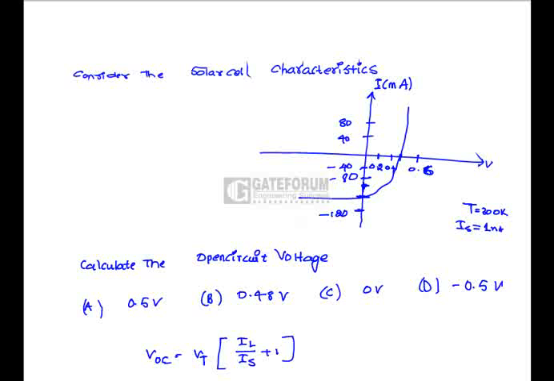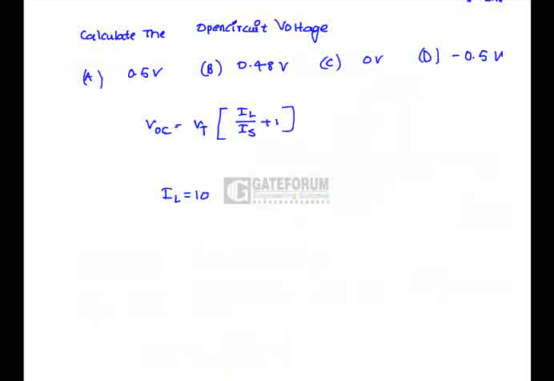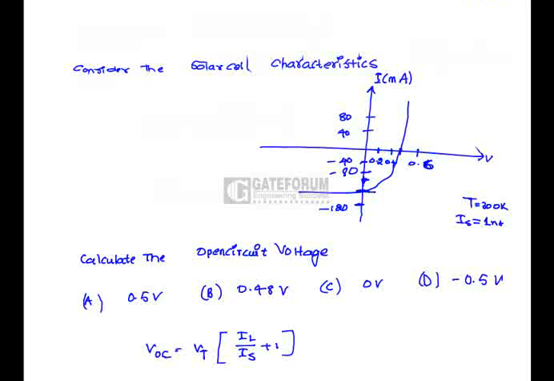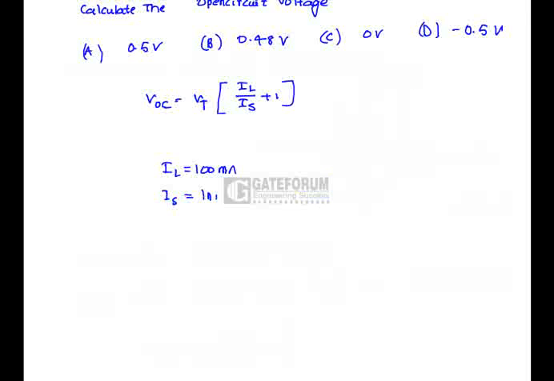We know from the characteristic IL equals to 100 milliamp, that is this one is the IL. IS is 1 nanoamp. If we substitute this one, we will get open circuit voltage as 0.48 volts.